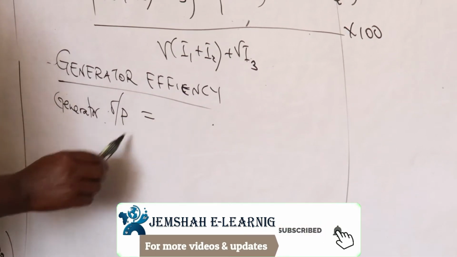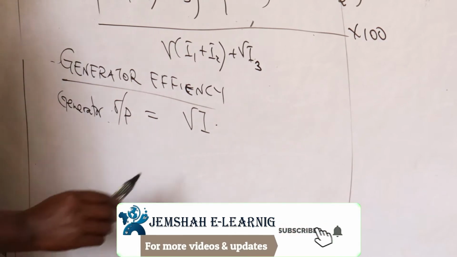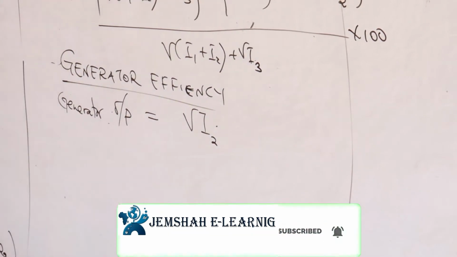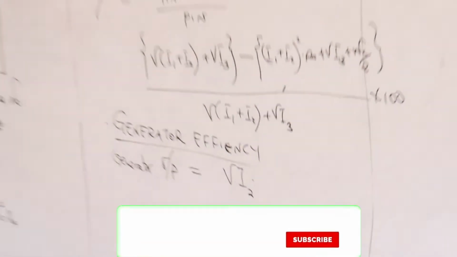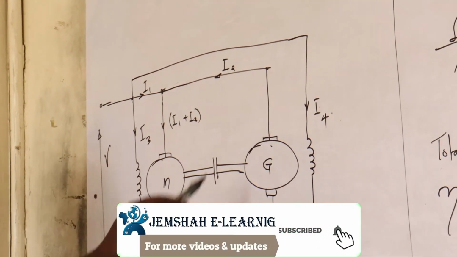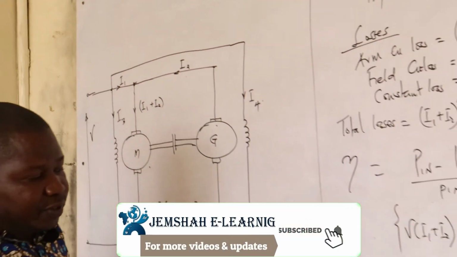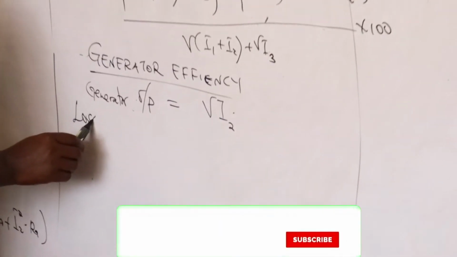The generator output will be given by VI2. That's the rest we cannot determine, they are inside. It is VI2, the output. And then we can talk of losses.